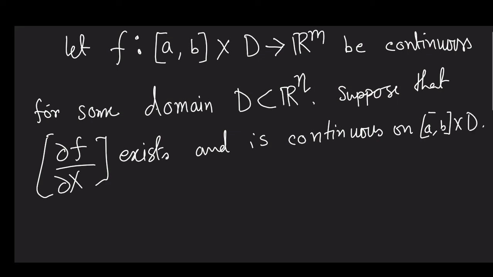So actually all these are product topology, this closed interval [a, b] cross D. Basically you are considering here a mapping of a function from, if you ask me to write more technically, R cross Rn to Rn.